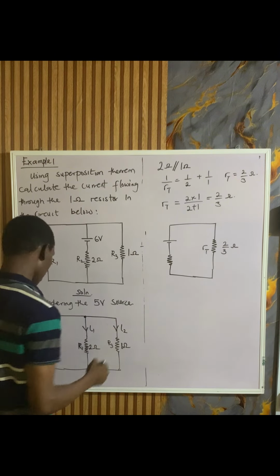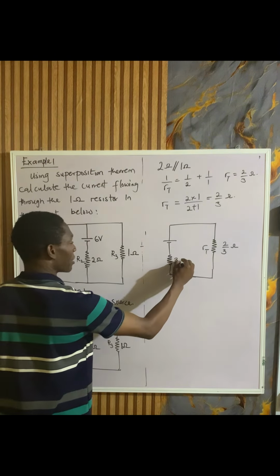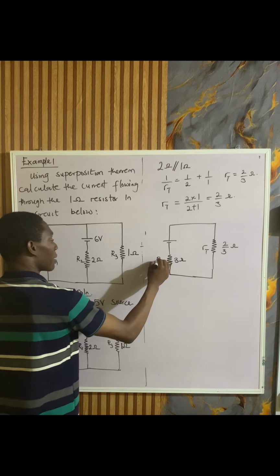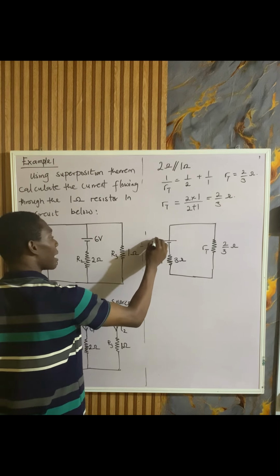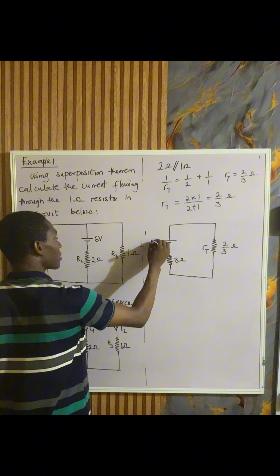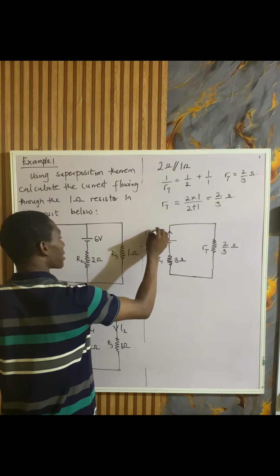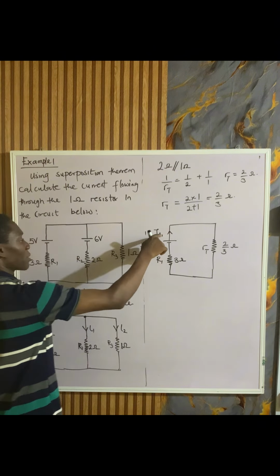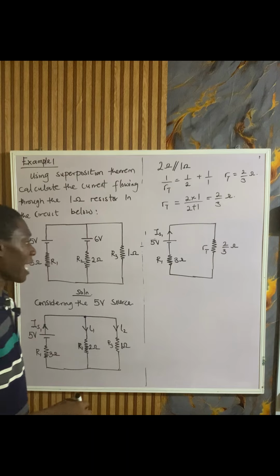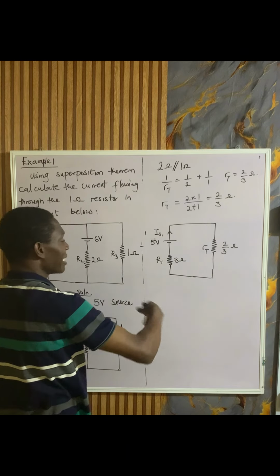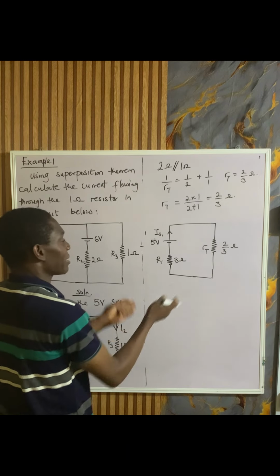This is the 3 ohms given in the question, the R1. And this is the 5 volt source, and this is the current as a result of the 5 volt source, which we call I source 1. Now we want to get this I source 1. This is now a series circuit.